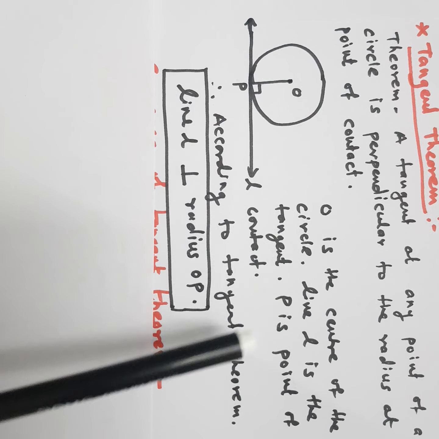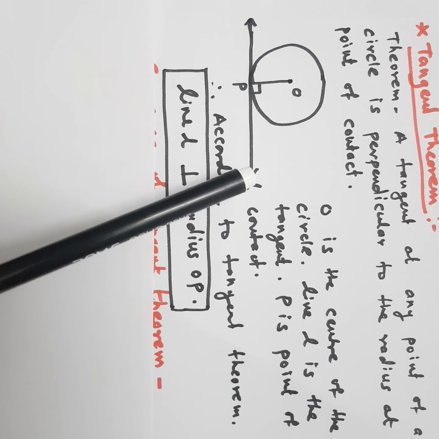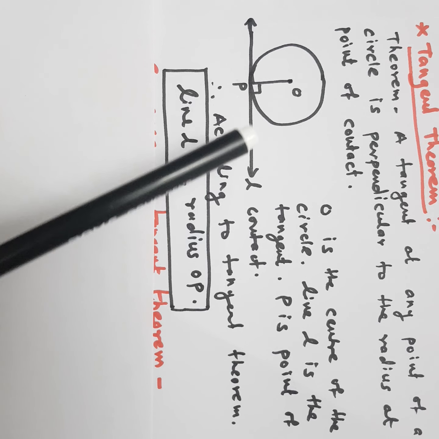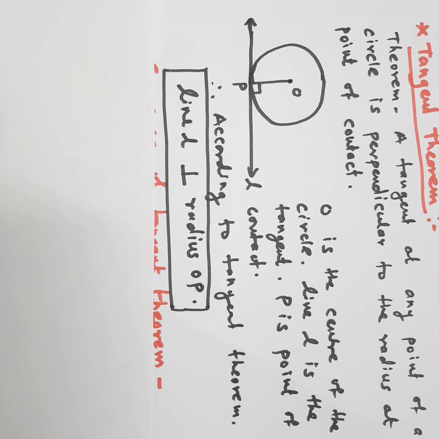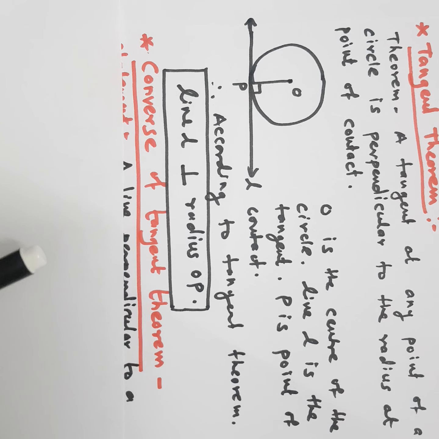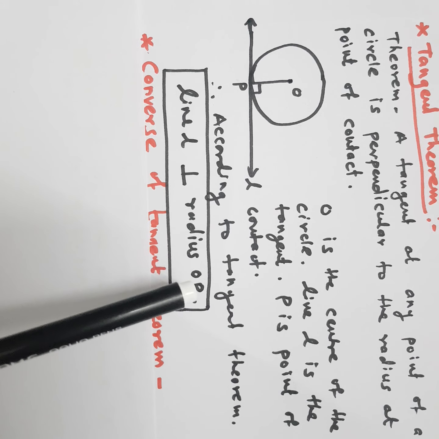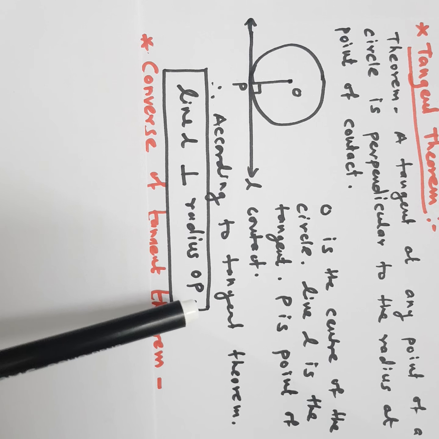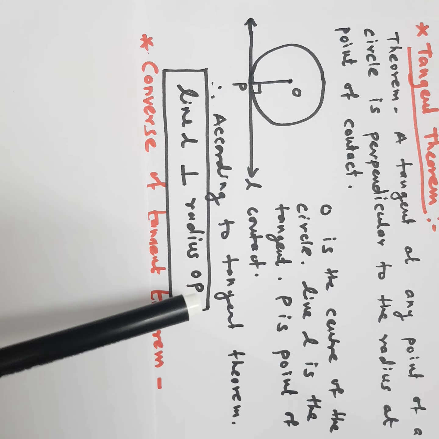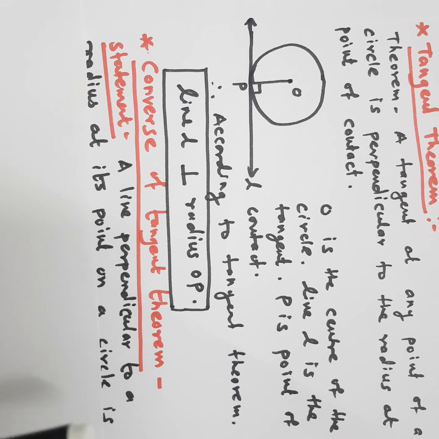According to this tangent theorem, line L, the tangent, is perpendicular to radius OP. You can see and learn the proof of the theorem from your textbook, page number 51.